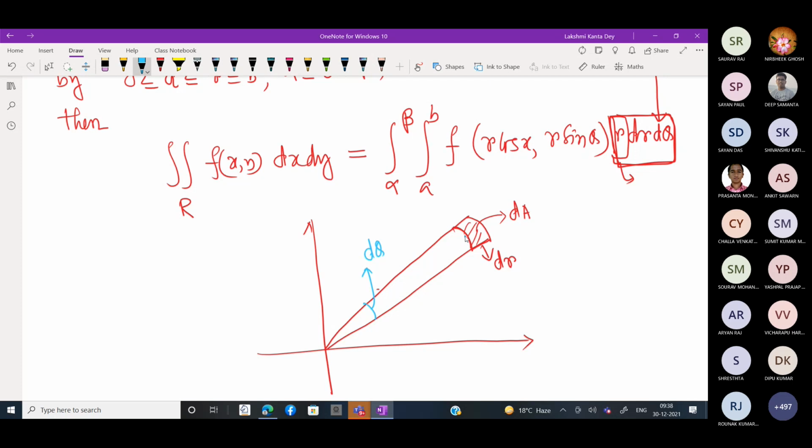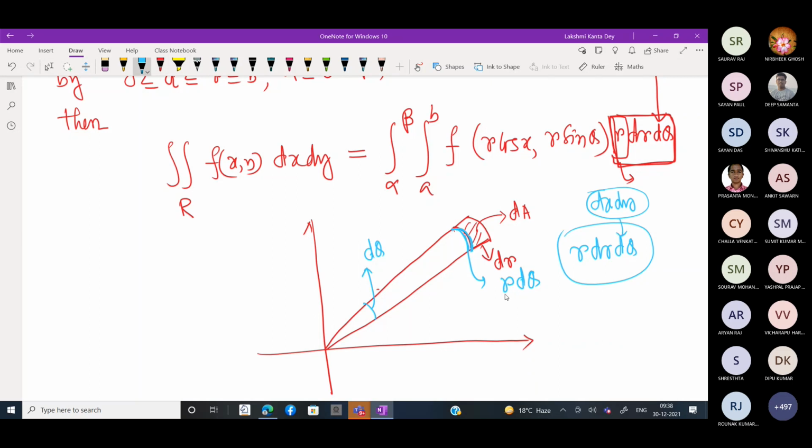So whatever it will be coming, it is r d theta. This thing is r d theta. So if it is infinitesimal distance, area part, then ultimately it will be coming r dr d theta. So the area element dx dy is replaced by r dr d theta because of this thing.